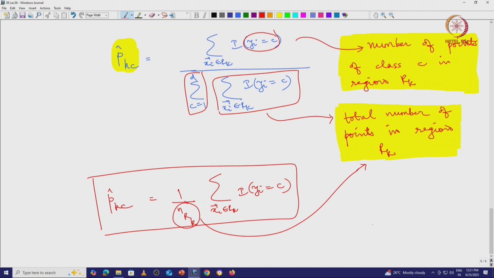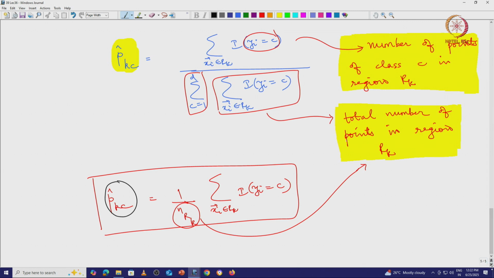So I hope this makes sense to you, how a decision tree works. It just uses the majority prediction, and if you remember for regression it was slightly different. There we were taking the average prediction in a terminal node to be our prediction for the target variable. Here we are predicting the fraction of the points of class C in a terminal node as the prediction of the probability that the point belongs to class C.